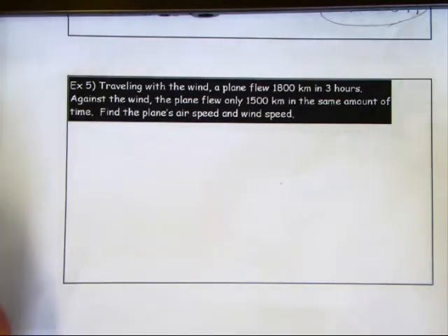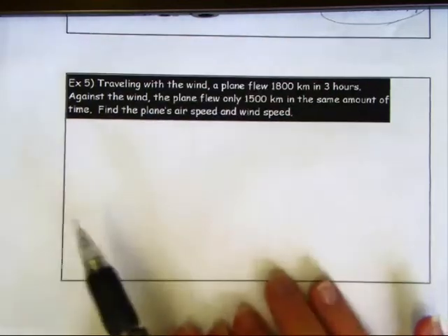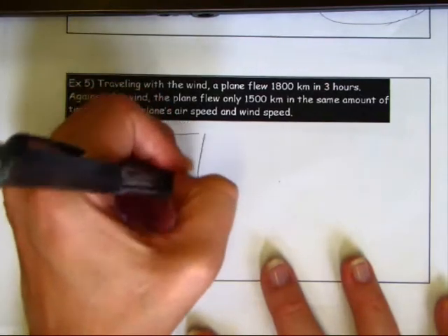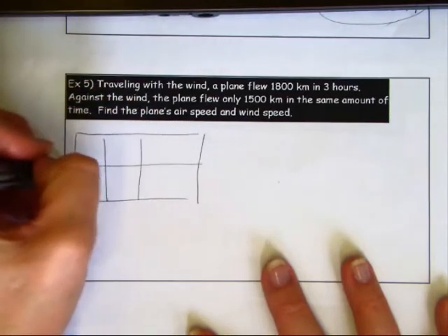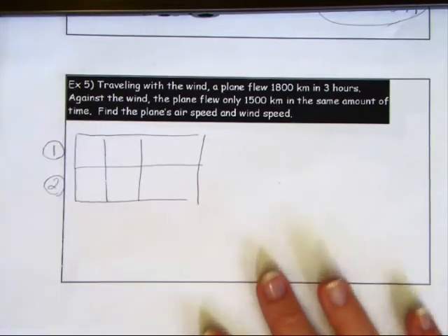Alright guys, so what we're talking about is a significant distance, a time, and a rate. This one is different than the airspeed problems from yesterday because they are really concerned about the distance. So we're going to use our chart. We have plane trip number 1 and plane trip number 2.